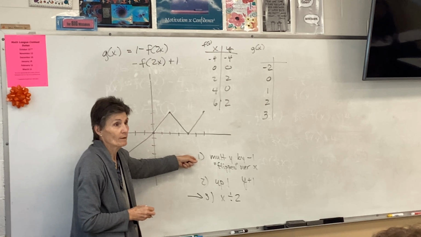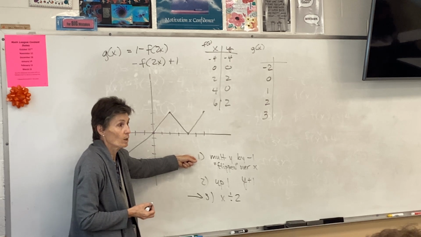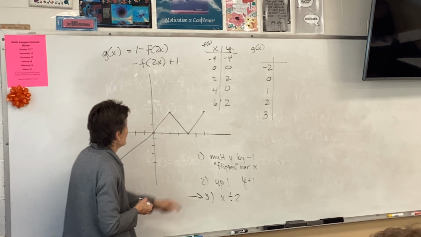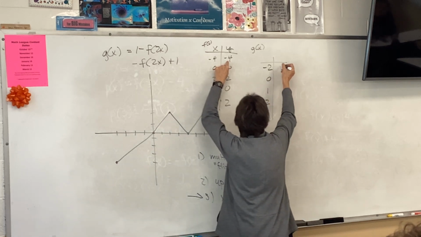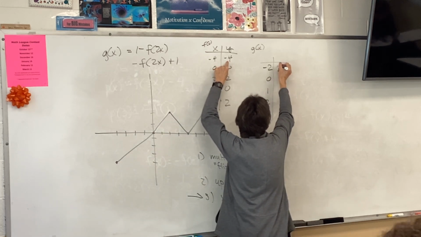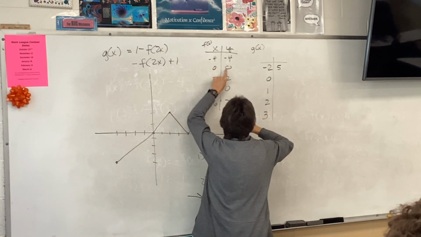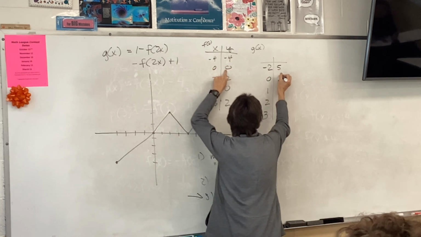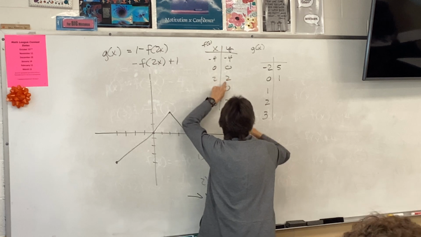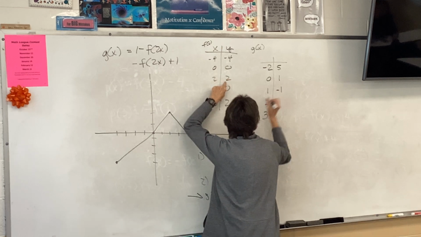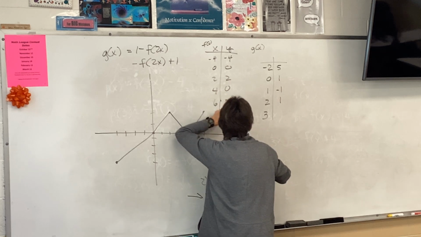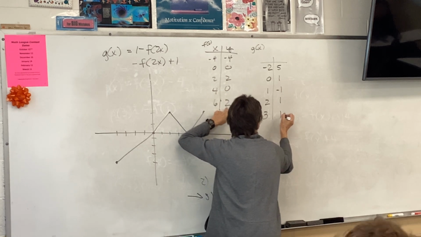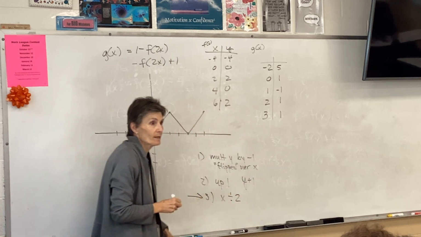We do the -1 first, so we flip it, and then add 1. So if you make this positive and add 1, it will be at 5. Make this negative and add 1, negative and add 1. How does that look to everybody? Is that okay?